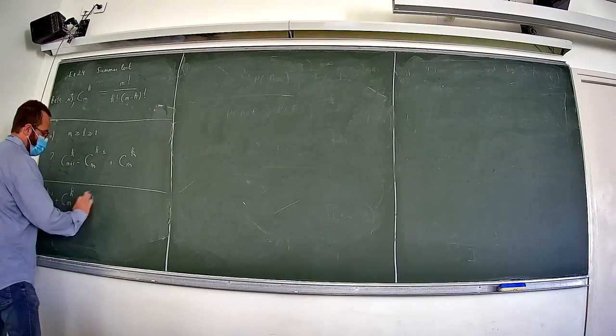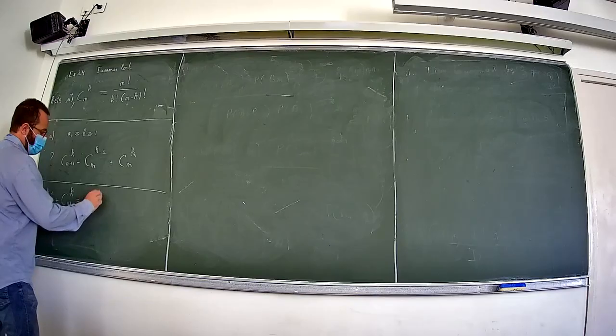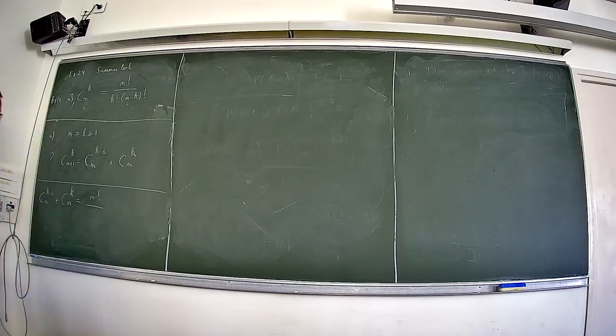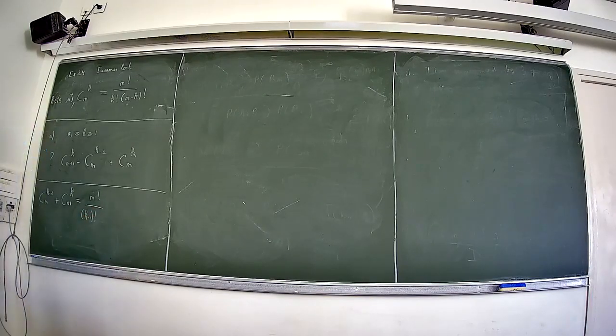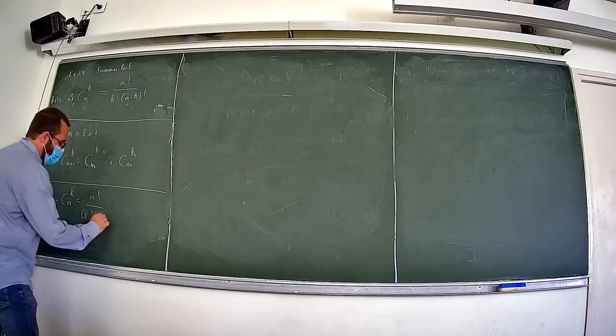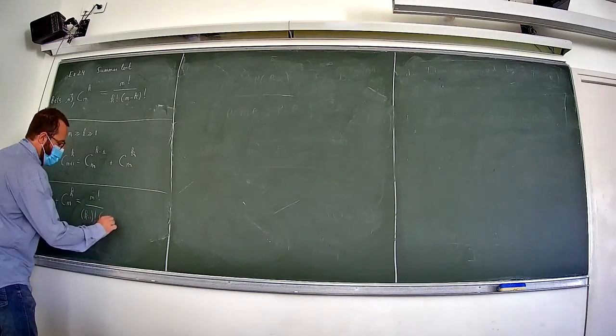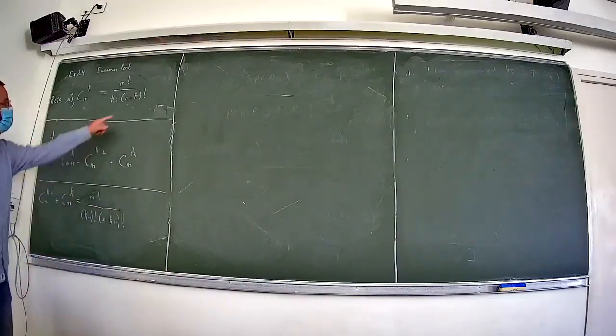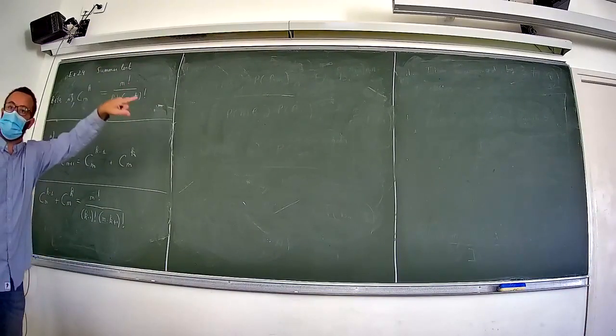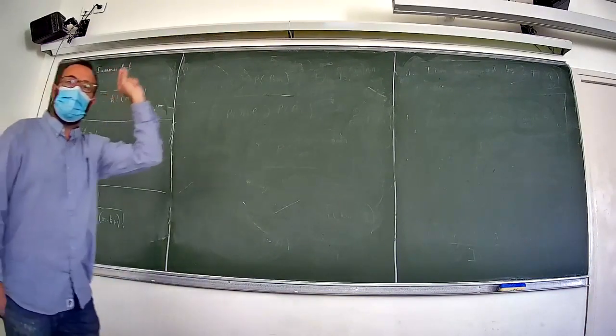It is n factorial over, so I have to replace in the formula k by k minus 1, so it is (k-1) factorial multiplied by (n-k+1) factorial, because I have here n minus (k minus 1), so it is n minus k plus 1.